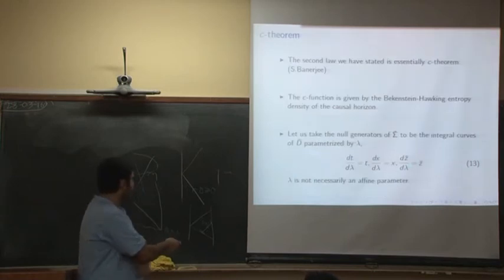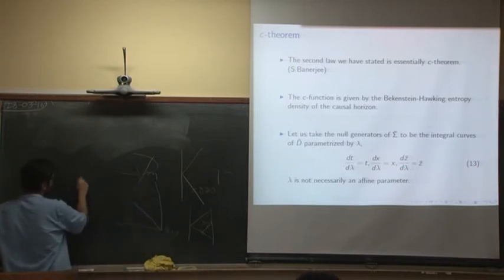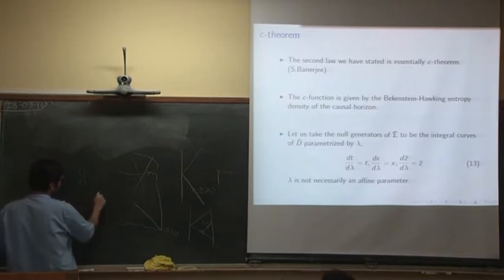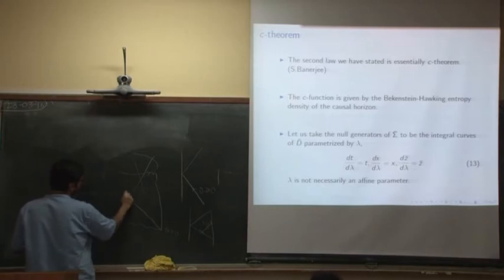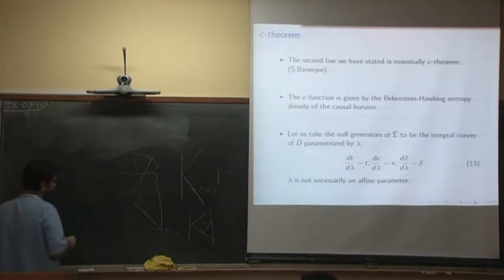As lambda goes to minus infinity, this z bar goes to 0, which implies that z is also going to 0.